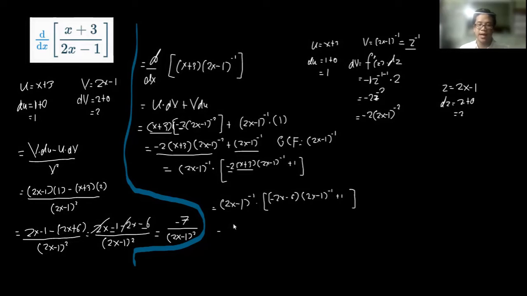Since this is already in reciprocated form, for example, something raised to negative 2, I can rewrite it as 1 over x raised to 2. So I can rewrite this as 1 over 2x minus 1, times negative 2x minus 6 over 2x minus 1, plus 1.